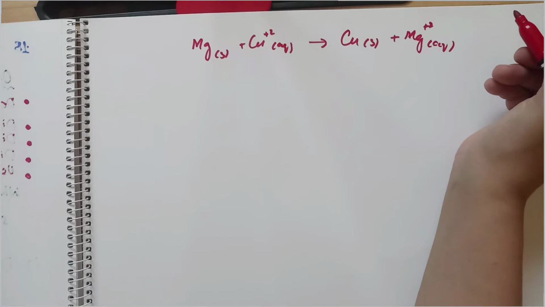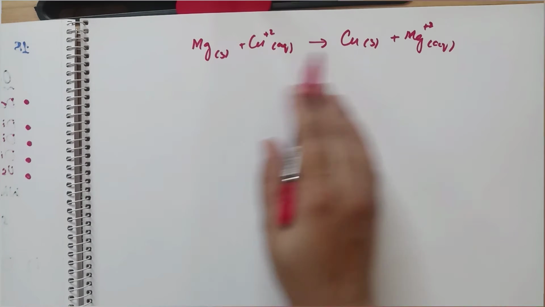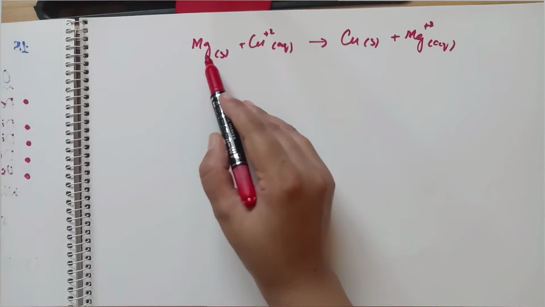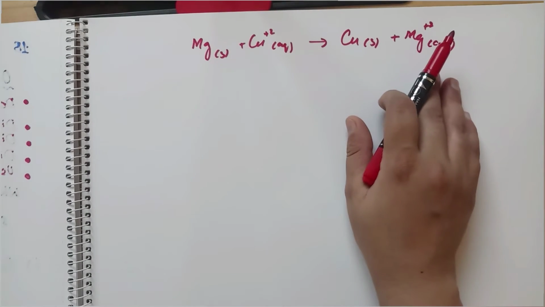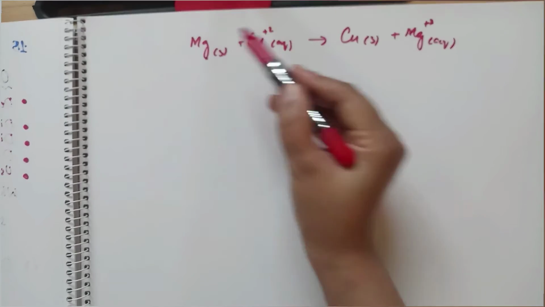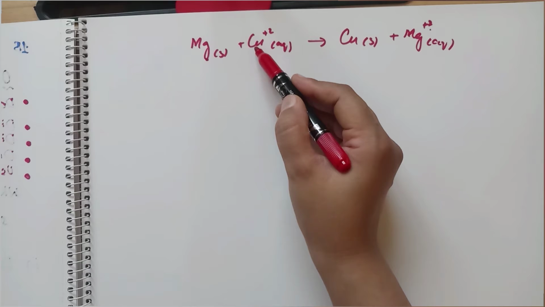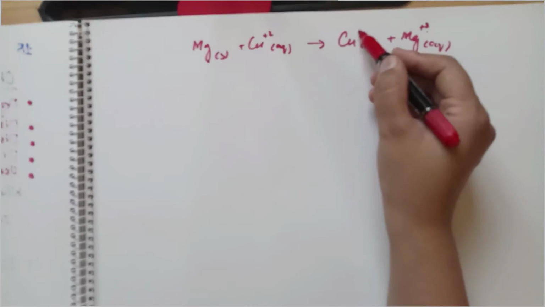Is it clear? So it is clear that this is a redox reaction. Why is it a redox reaction? Because there is an electron transfer, because there is an oxidation state change in the reaction. At first, the oxidation state of the copper was 0, and then it is +2. Actually, the oxidation state of the copper before the reaction was +2, and after the reaction it is 0.